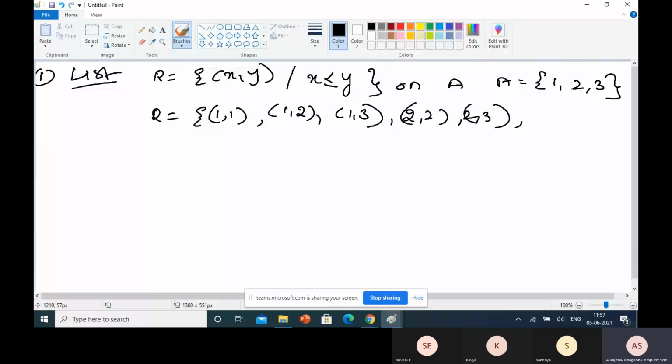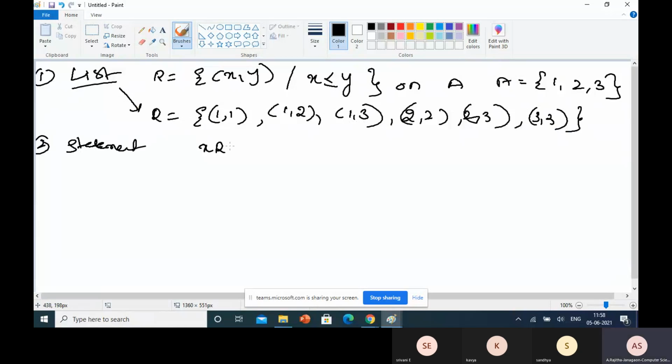Next 3 comma 3. So this is the set. That means 1 comma 1, 1 comma 2, 1 comma 3, 2 comma 2, 2 comma 3, 3 comma 3. Okay. So this is some relation. Suppose here the statement. So now how is this represented? This is the list. This is the list. So what is the statement here?